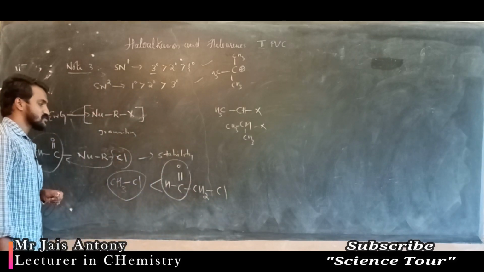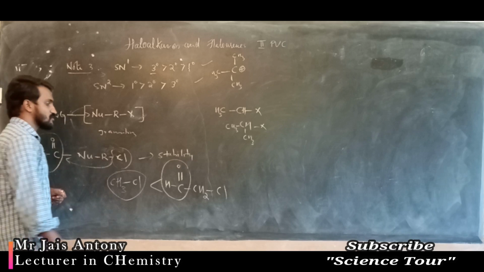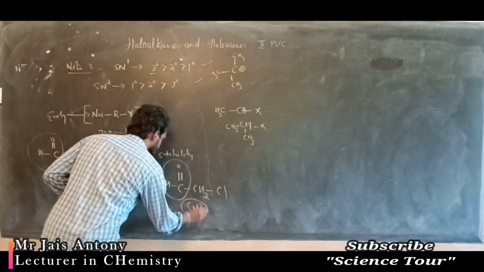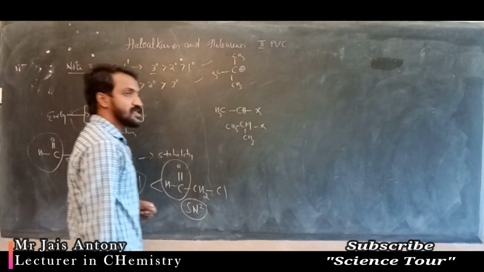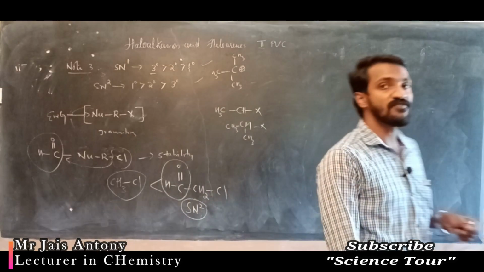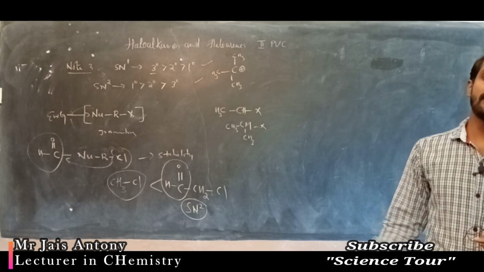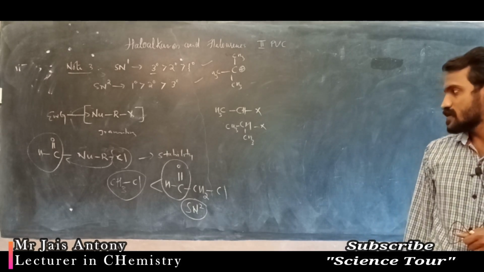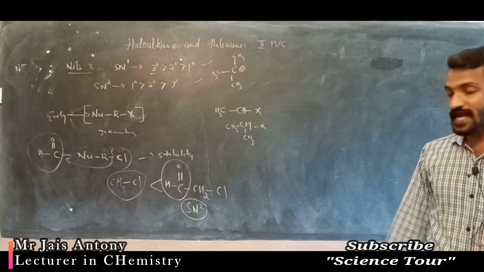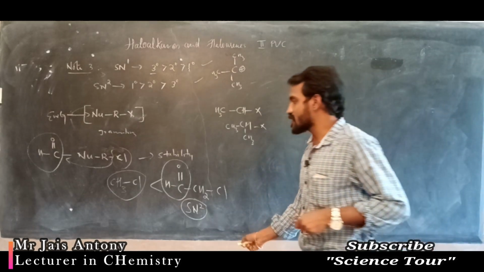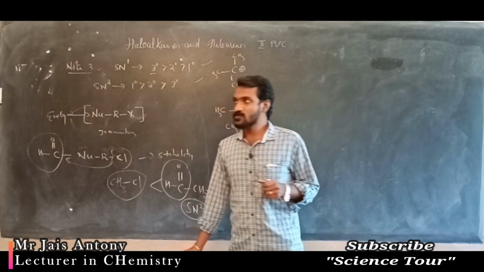Electron withdrawing groups increase SN2 stability, understood? Note down, stability increases, so SN2 reaction is favored. If an electron withdrawing group is attached to this particular transition state, what happens? SN2 reaction is more.